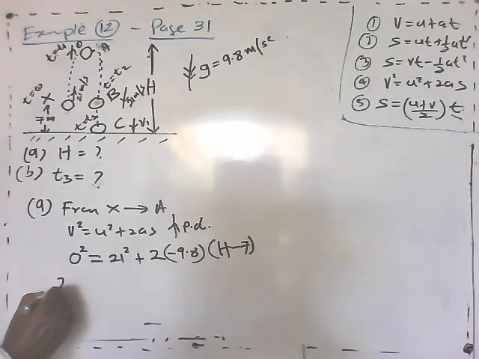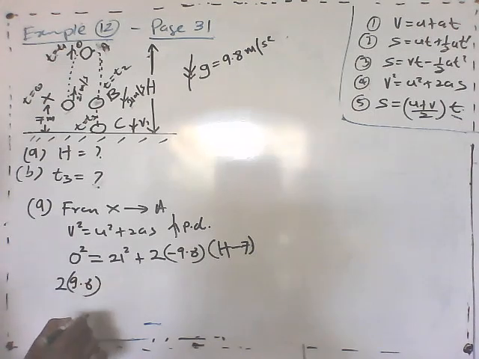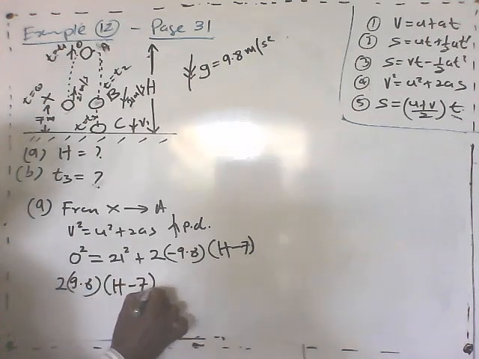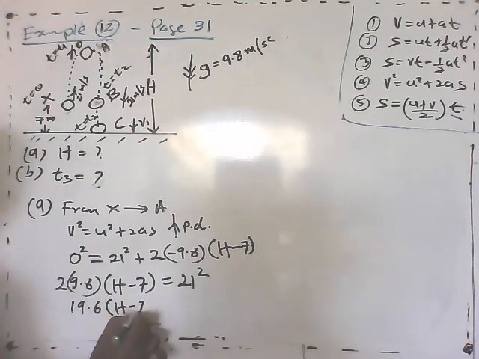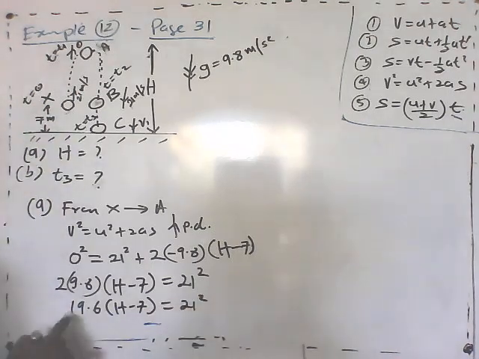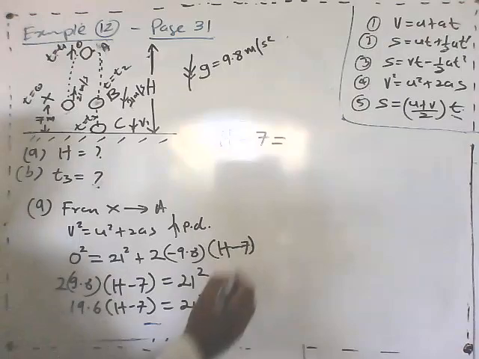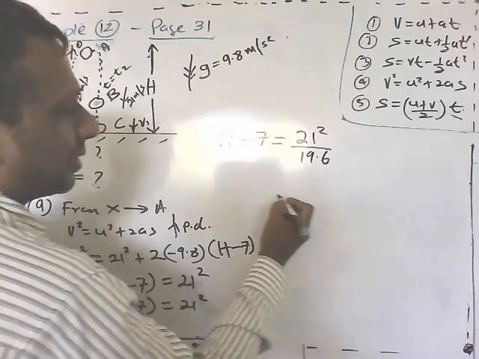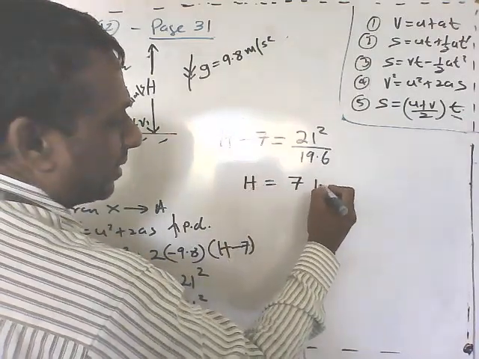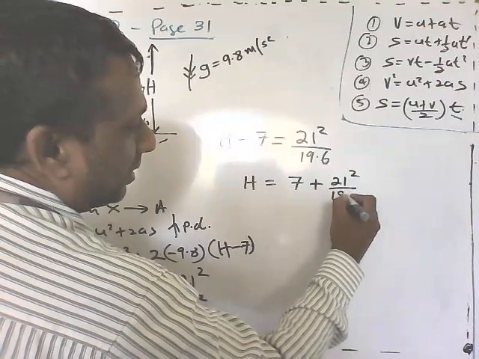So 2 times 9.8, which is 19.6, times h minus 7 is equal to 21 squared. Then we can divide, so h minus 7 is equal to 21 squared divided by 19.6, and h is equal to 7 plus 21 squared over 19.6.